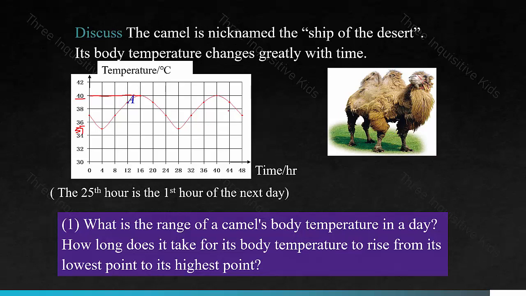So then you subtract that, and its range would be from 35 degrees Celsius to 40 degrees Celsius, or you can say a range of 5 degrees. And it takes a total of 12 hours to get from its lowest point to its highest point. You can see that by looking at the lowest point, that's at the 4th hour, and the highest point is reached at the 16th hour. 16 minus 4 equals 12.